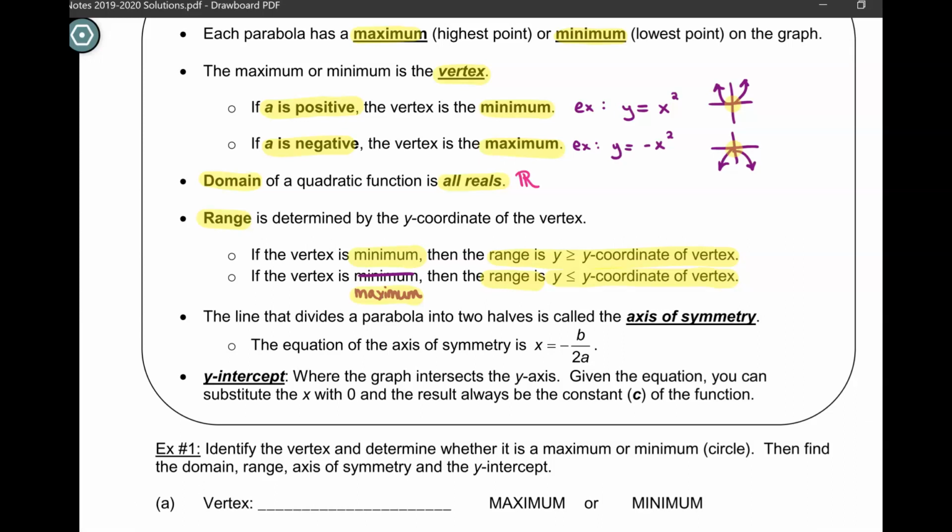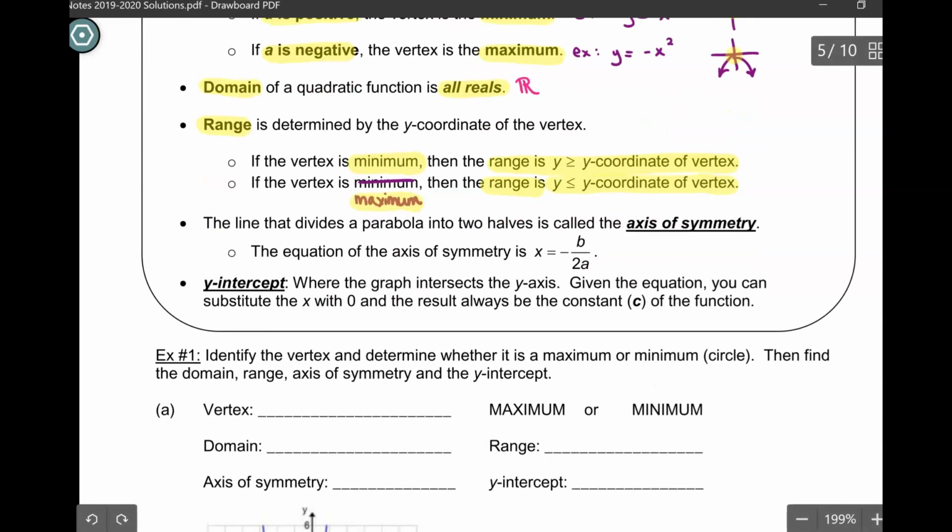Then we have something called the axis of symmetry, which I briefly talked about last lesson. The axis of symmetry is the line that cuts it right in half, and it's going to be x equals negative b over 2a. You should recognize that formula because that is the same formula we use to find the x-coordinate of the vertex.